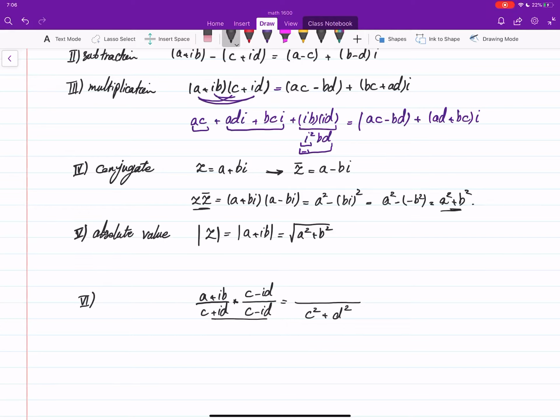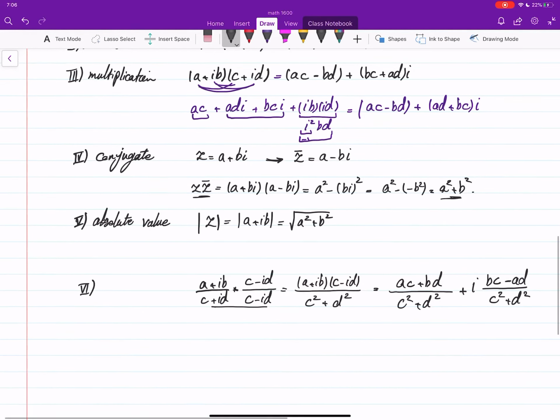And in the numerator we will have (a plus ib) times (c minus id). We know how to deal with the complex product. You multiply the numerator and you will have basically (ac plus bd) over (c squared plus d squared), which is a real number, plus i times (bc minus ad) over (c squared plus d squared).